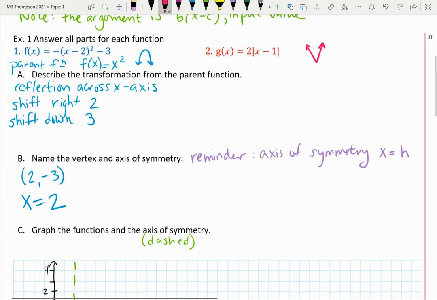That's exactly one. The right person, like the left finger. This is two. No, the vertex would be two things. Your vertex is not one.